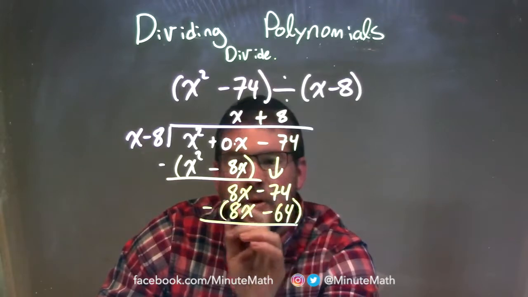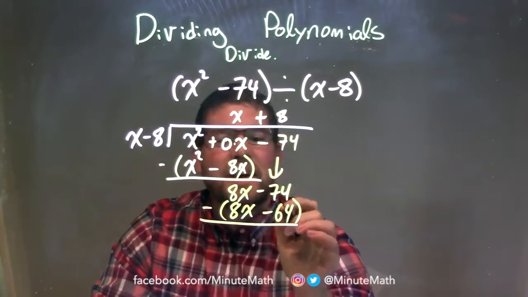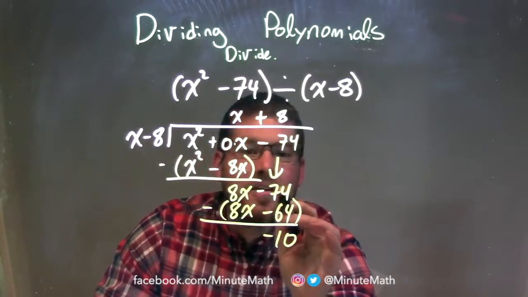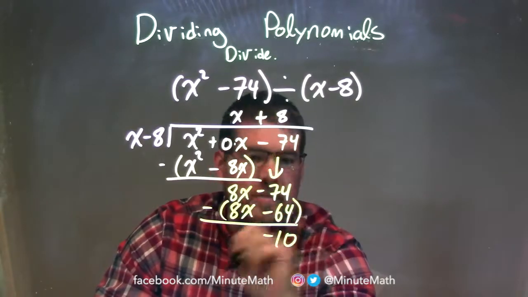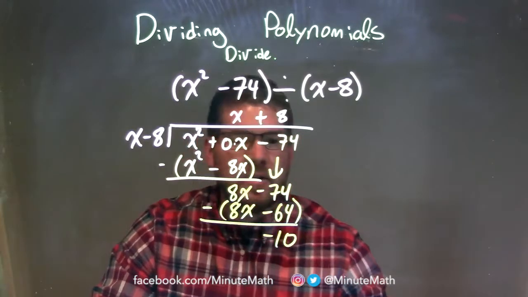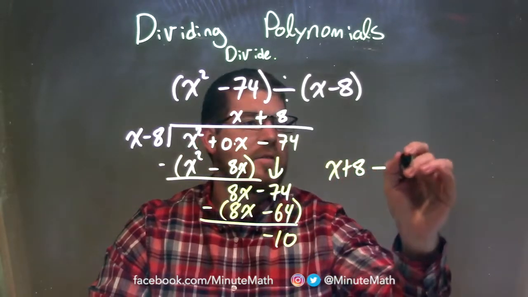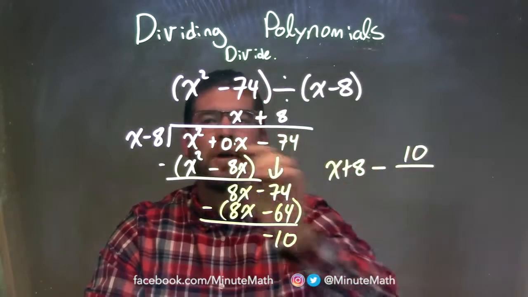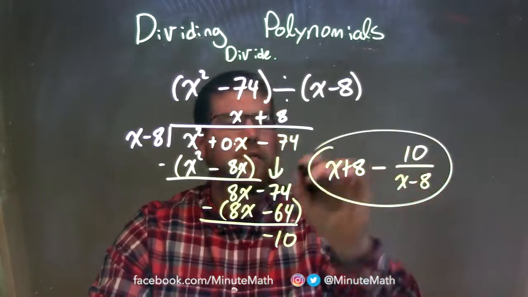And negative 74 minus a negative 64 is like adding a positive 64, which makes it a negative 10. There's my remainder, so I'm pretty much done here. I have my x plus 8, that's where it came from, then minus 10, my remainder, over our divisor, x minus 8. There we go, our final answer.